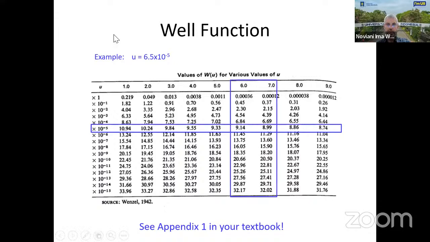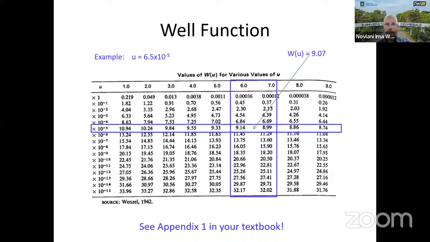So next we have 6.5. So that's between 6 and 7. All right. So 10 to the minus 5, 6, 7. Okay. And 6.5 is basically right in between these two numbers, 9.14 and 8.99. So halfway in between, 9.07.